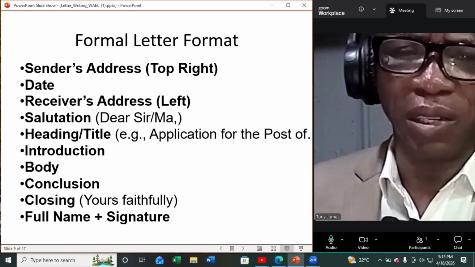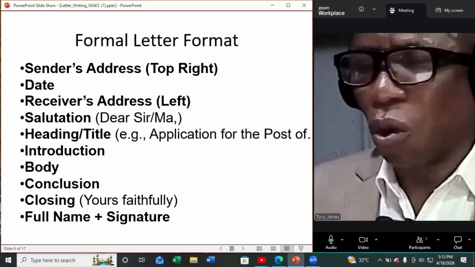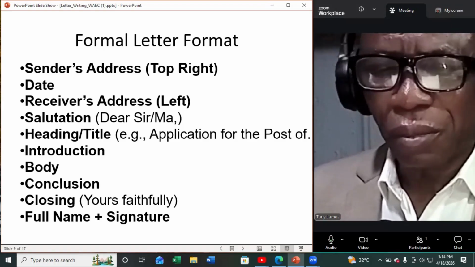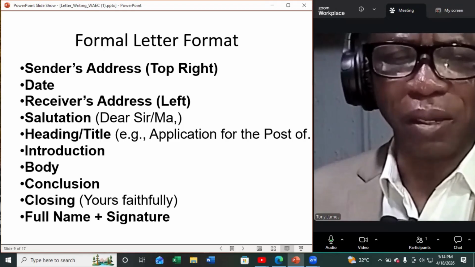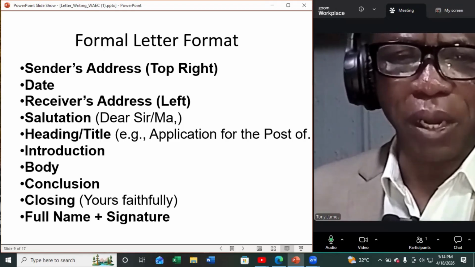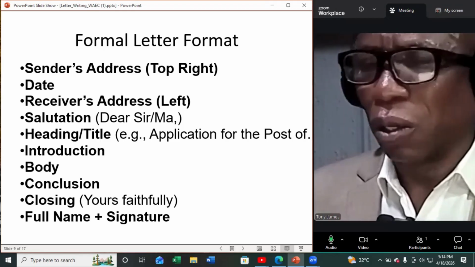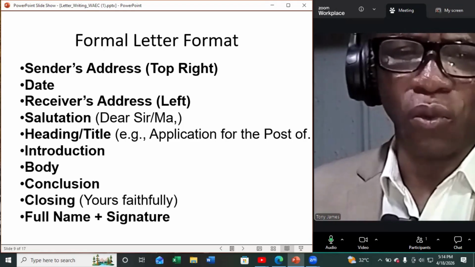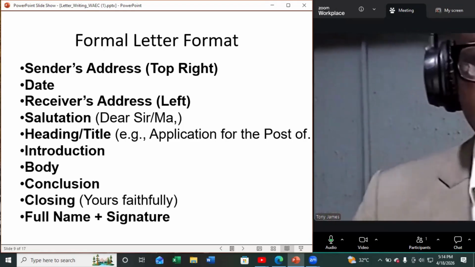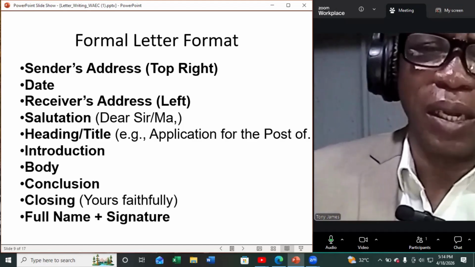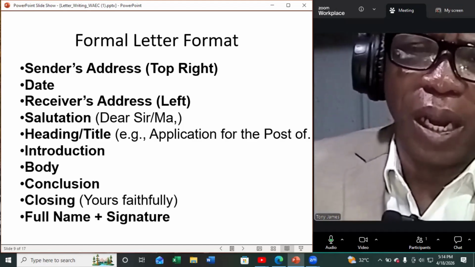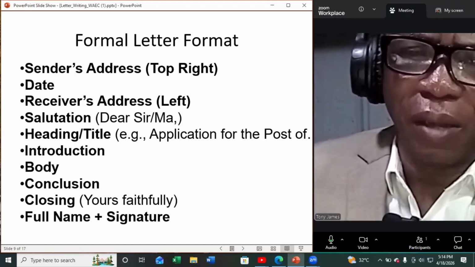Although under examination conditions, a student could be given a formal letter to write to probably the senator or the governor of the state to highlight some factors. So the student will be required to write a lengthy formal letter.